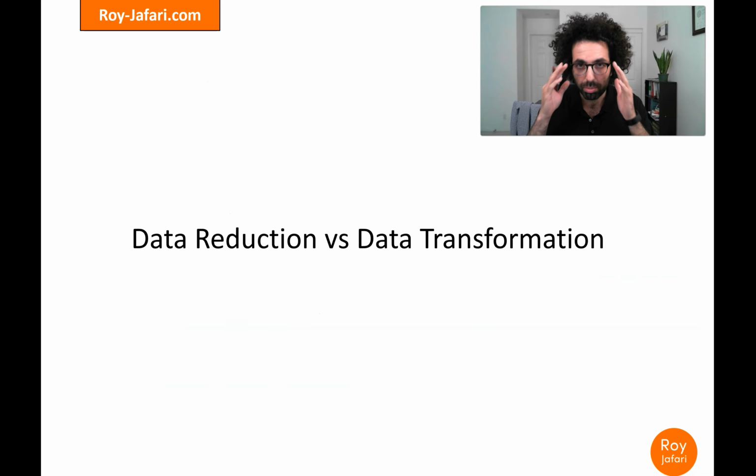Let's use this opportunity to learn a little bit about the difference between data transformation and data reduction. Data transformation is when we actually inflict change. Basically, we change the integrity of the data. We move the data. We have different values because the data analytic goals require them, or our data analytics will become successful for those reasons. But in data reduction, our only goal is to reduce the size of the data.